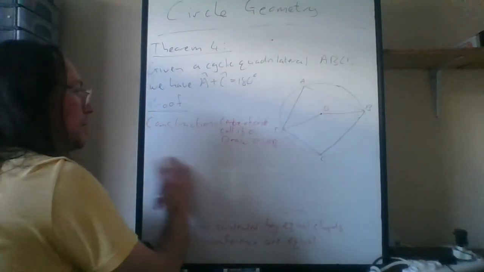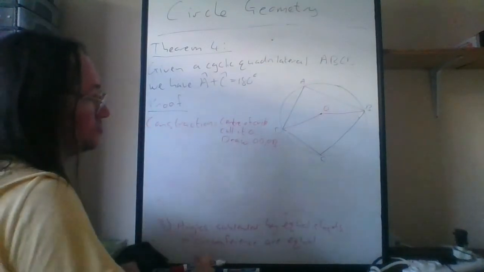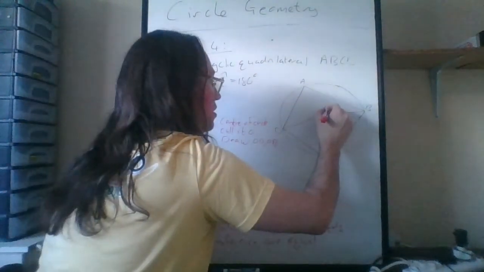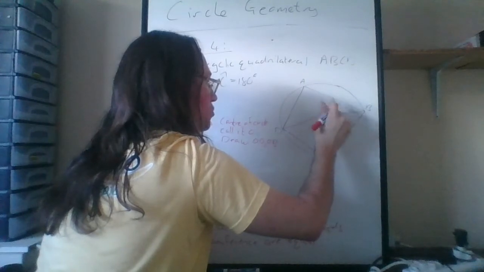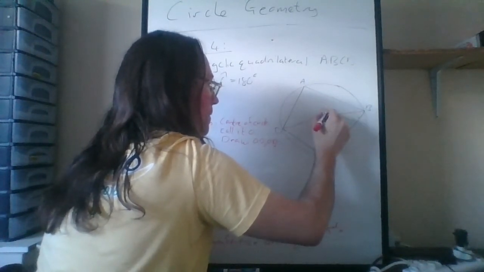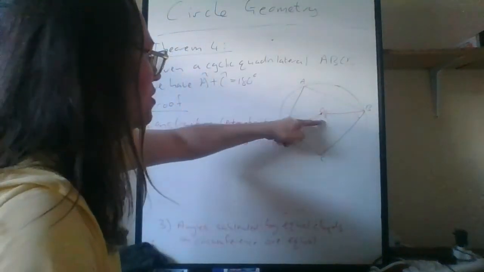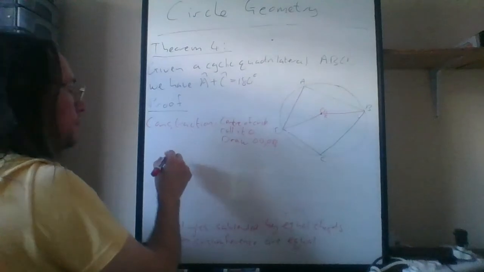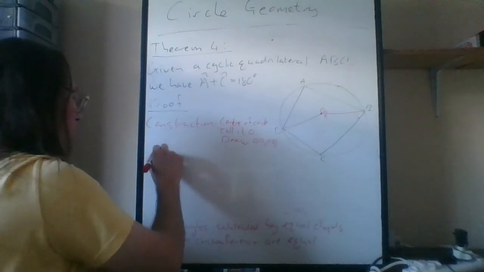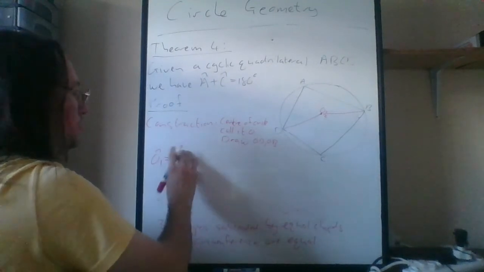So call this O1 and call this O2. So angle O1 is equal to twice angle O2.